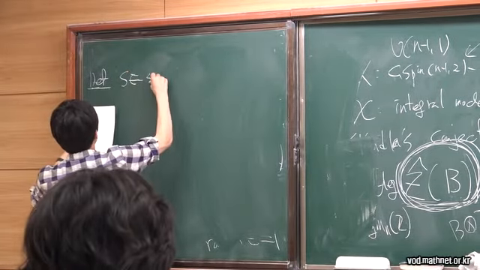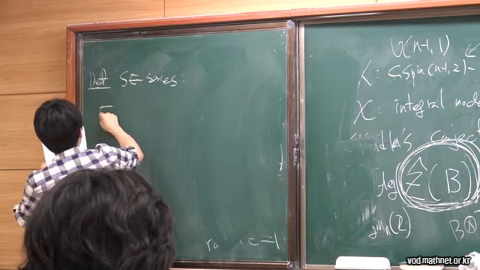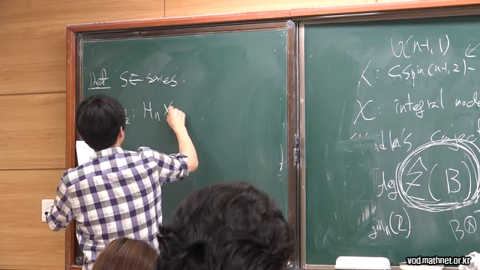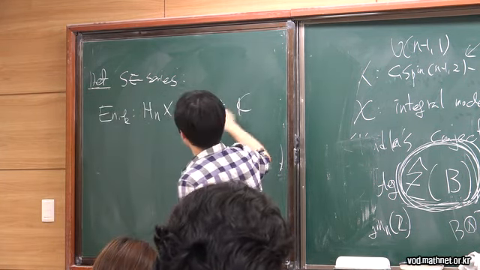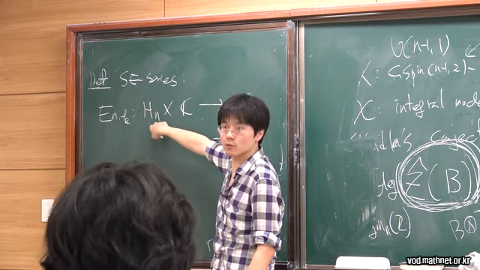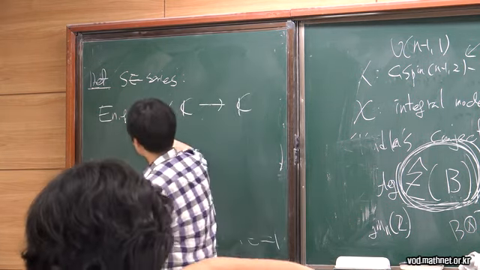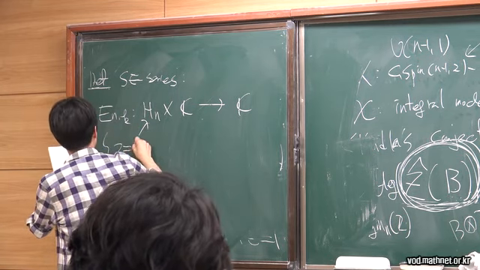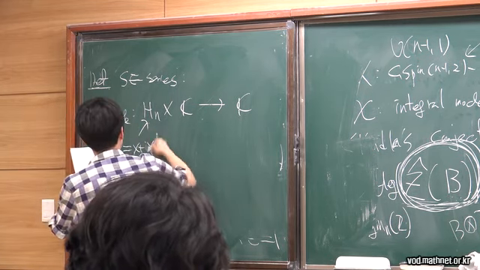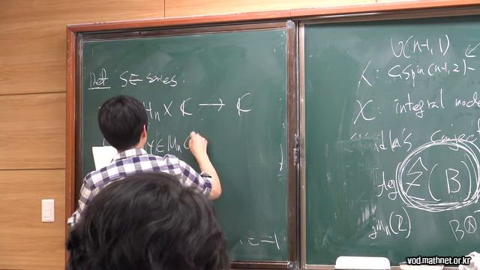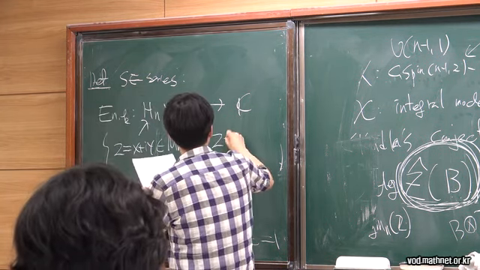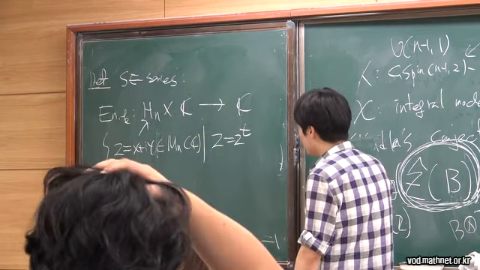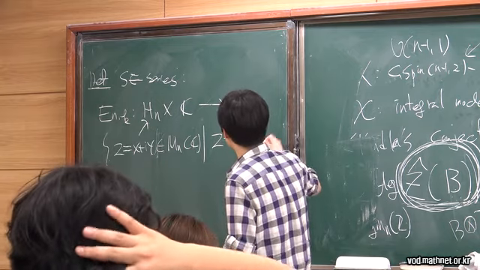Siegel-Eisenstein series. This is usually denoted by E_{n,k}. This is a complex valued function whose domain is the product of the upper half space of dimension n and C. Here H_n is the Siegel upper half space, which consists of n by n symmetric matrices whose entries are complex numbers, and then we need one more condition.